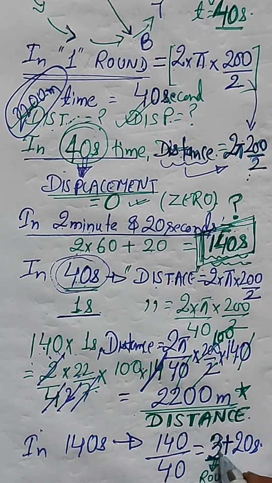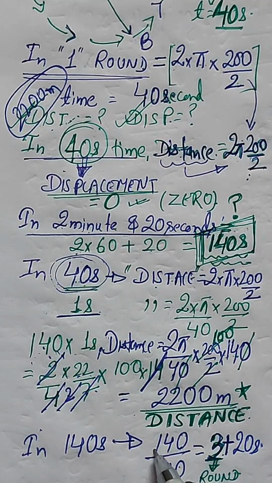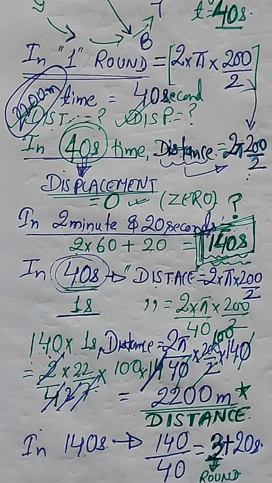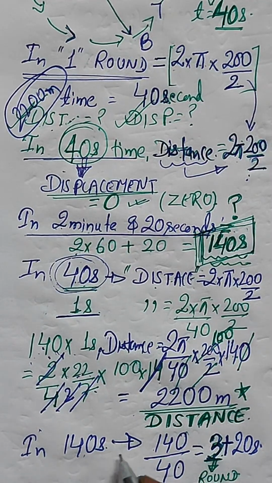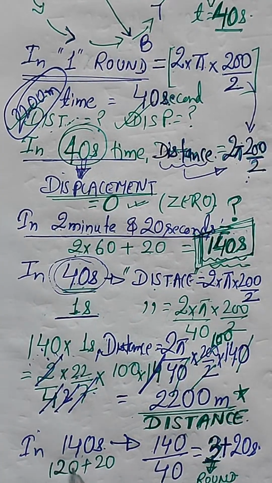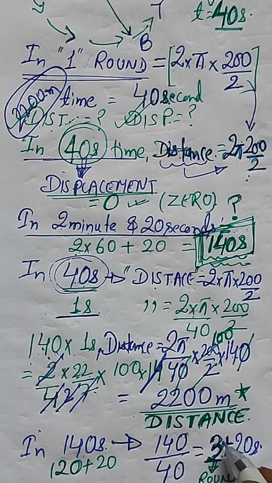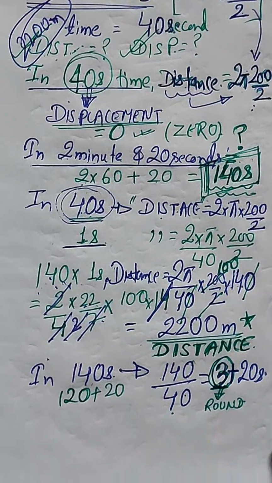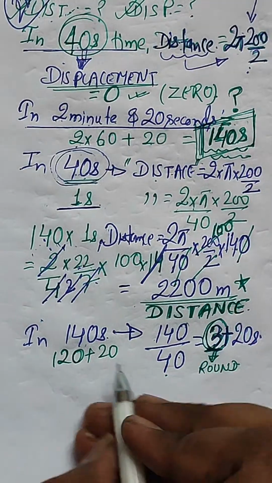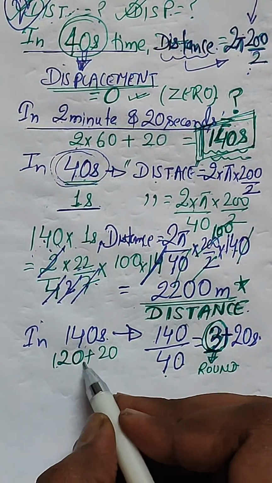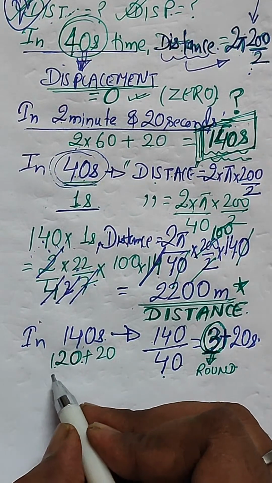Okay, so here you can see, if you divide 140 seconds by 40, you will get 3. You can write 140 as 120 plus 20, right? Because you can see 3 complete rounds. That means if the athlete is completing one round in 40 seconds, then in 120 seconds he will complete 3 complete rounds.